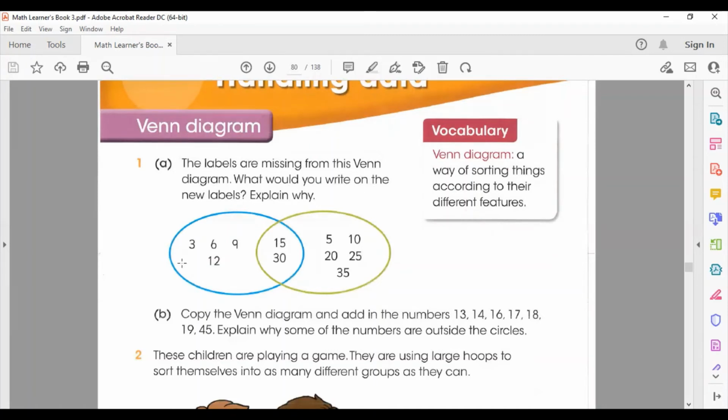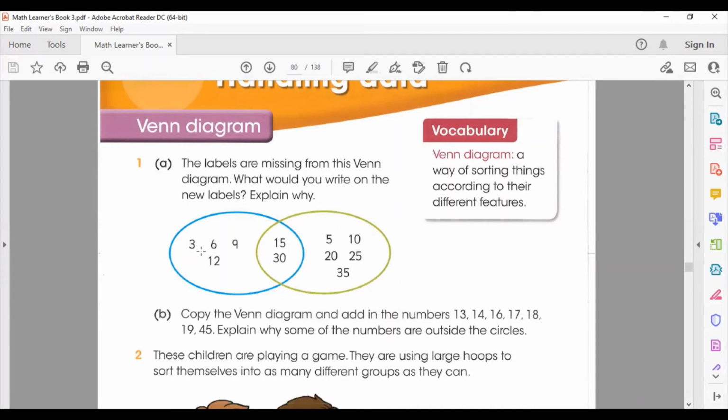Explain why. You can see here 3, 6, 9, 12, 15, and here 5, 10, 20, 25, 30. So if you're talking about this one, this is the multiples of 3, the 3 times table.